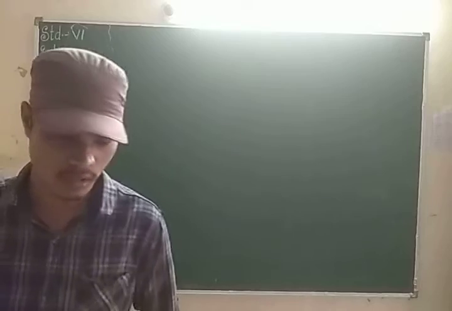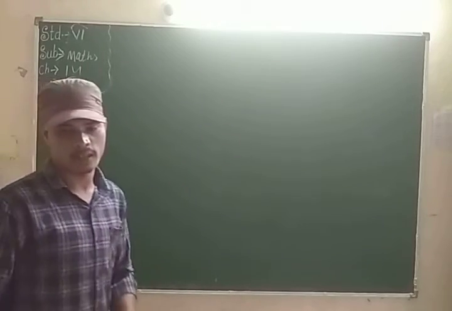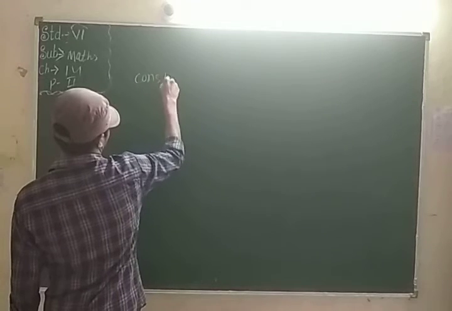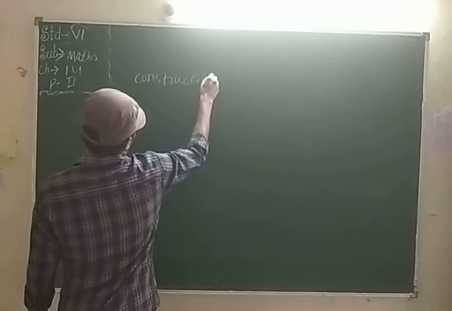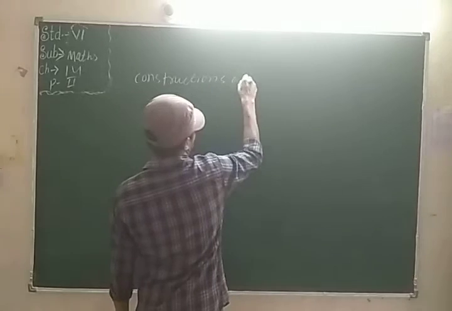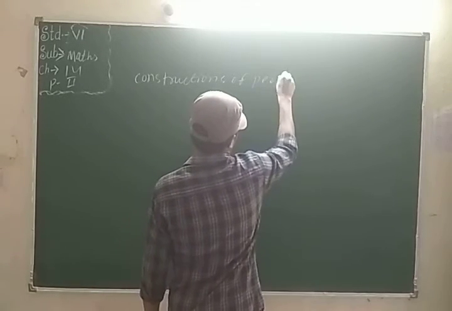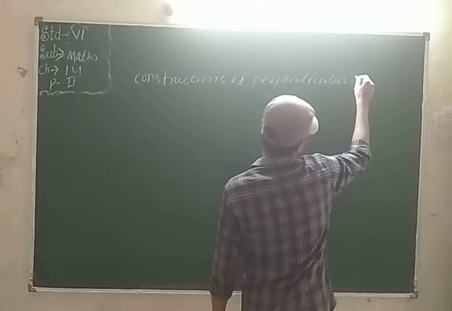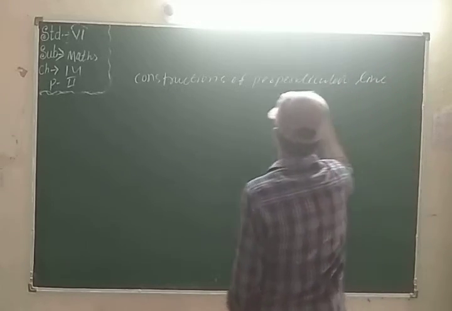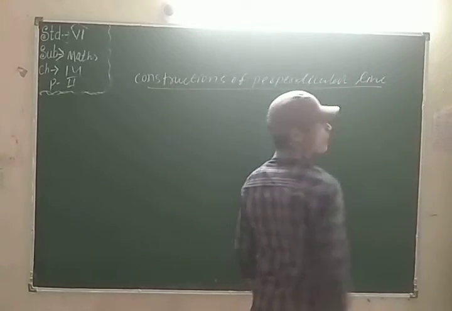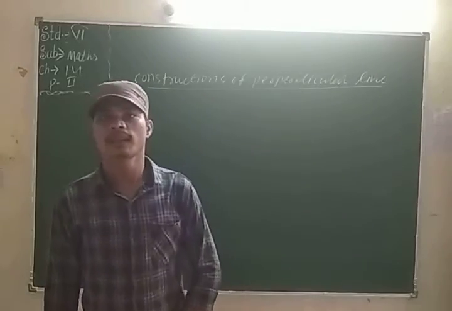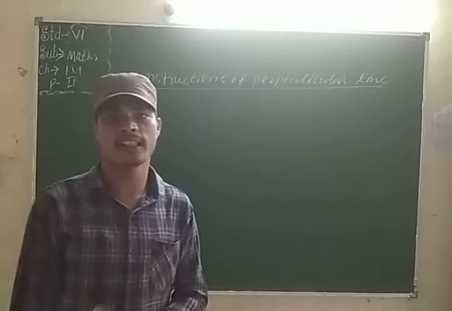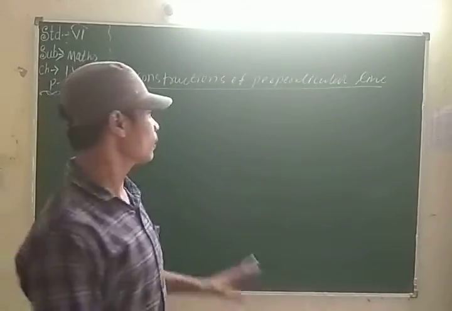Now we learn two constructions of perpendicular lines. What is a perpendicular line? If two line segments are constructed and the angle formed is 90 degrees, then that is called perpendicular lines.